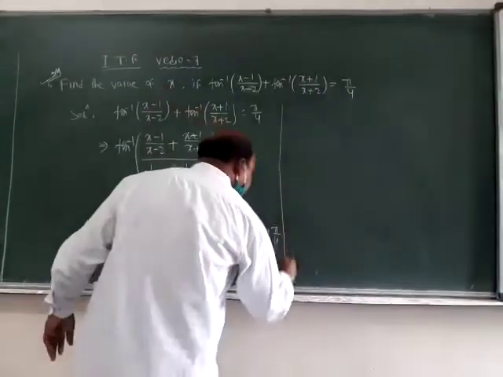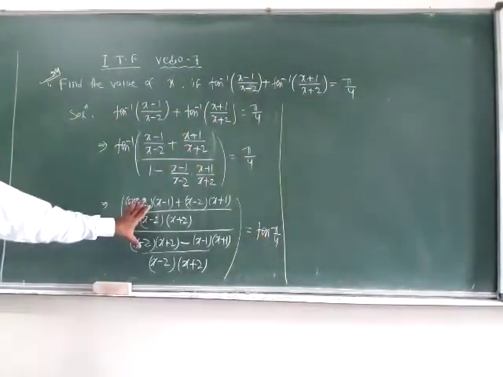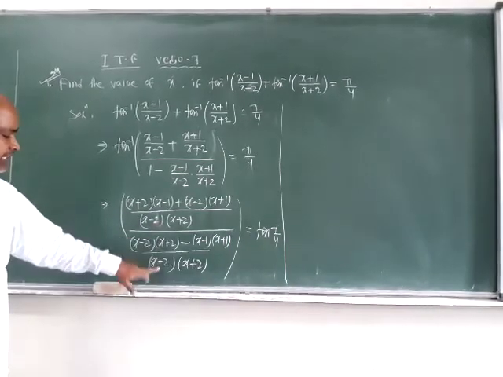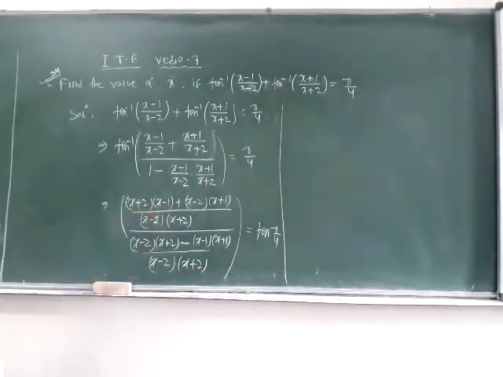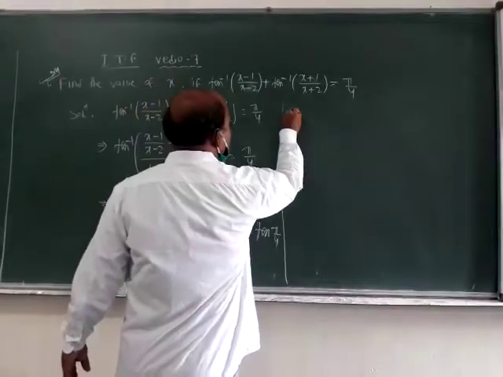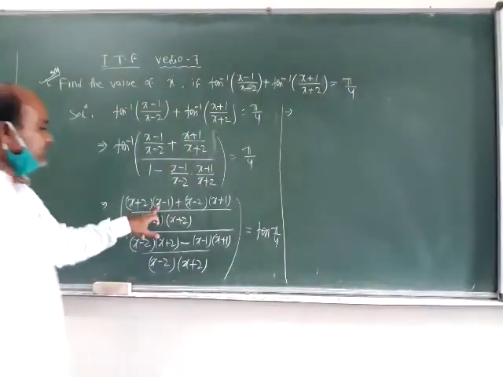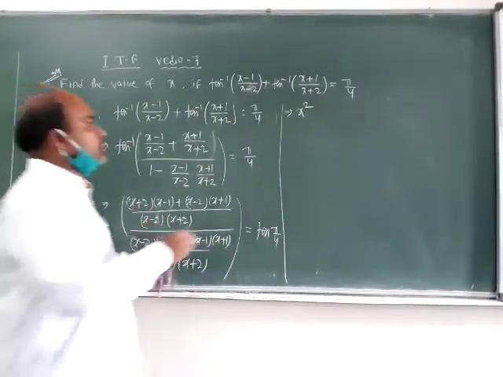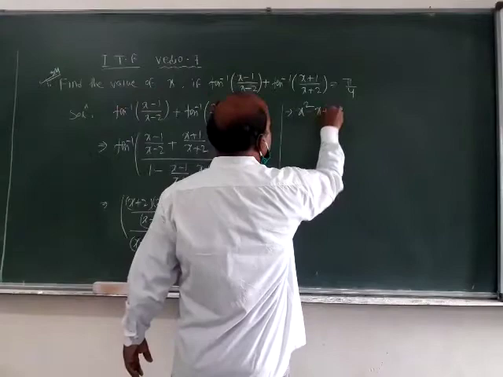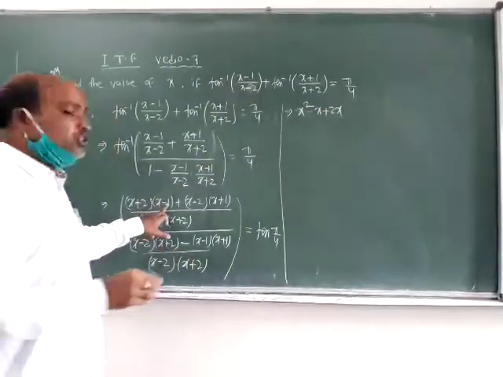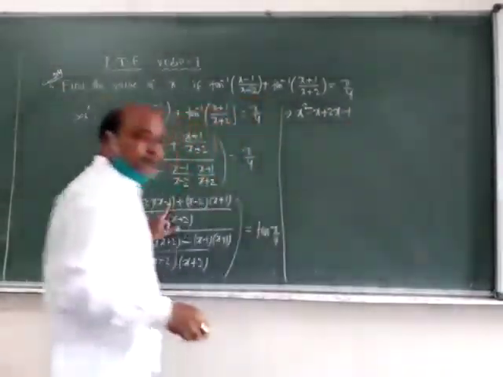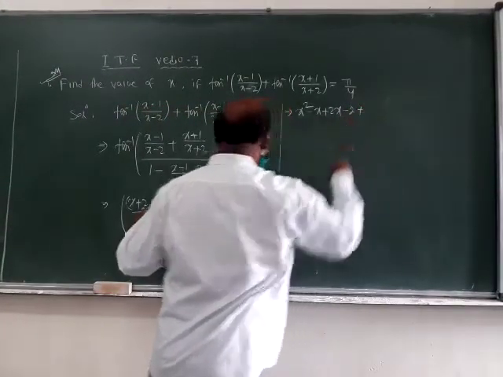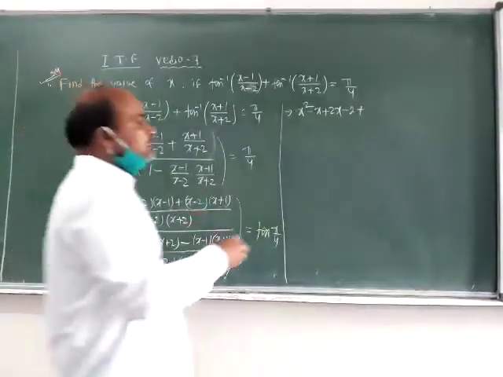Then the next step is to solve the LHS. Here x minus 2 and x minus 2 are eliminated. Then multiply. After the multiplication, what terms do you get? x into x, x square. Then minus x plus 2x, plus 2 into minus 1, sorry, minus 2. Next is the plus symbol. This is also multiplication.